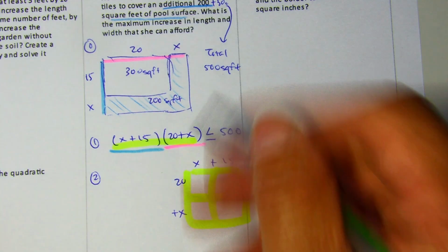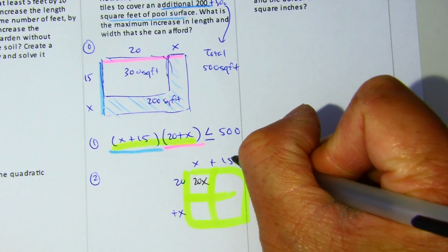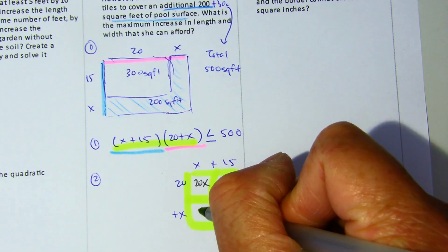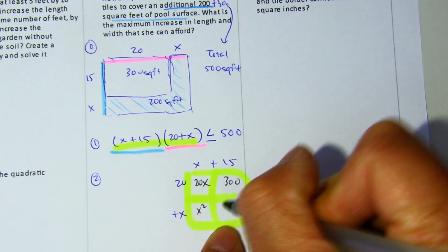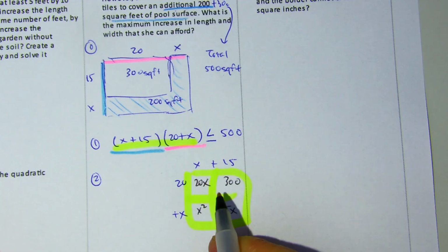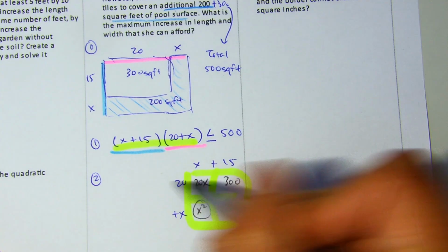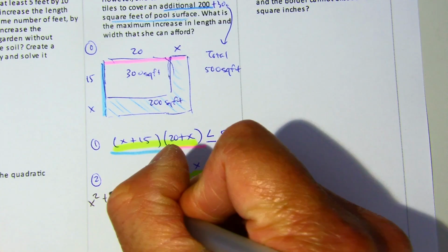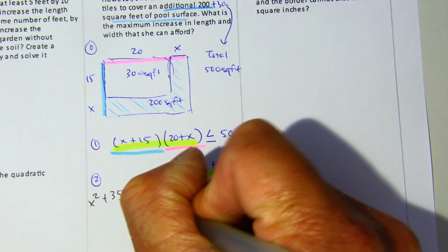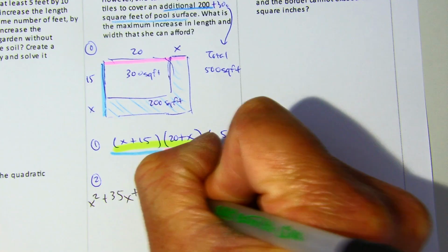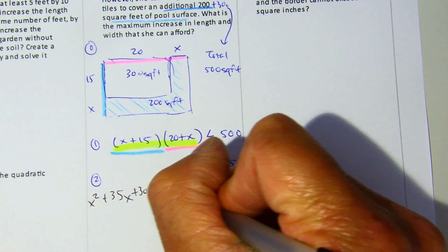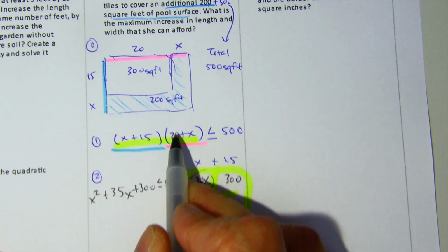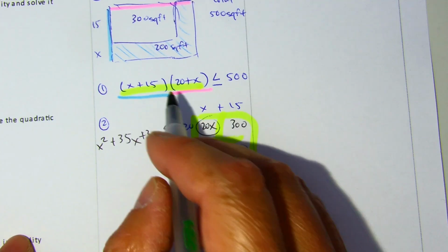So I have 20x, 300, x squared, and 15x. So I have x squared, this is 35x, plus 300 is less than or equal to 500. So all I did there was double distribution, FOIL, or multiplying.